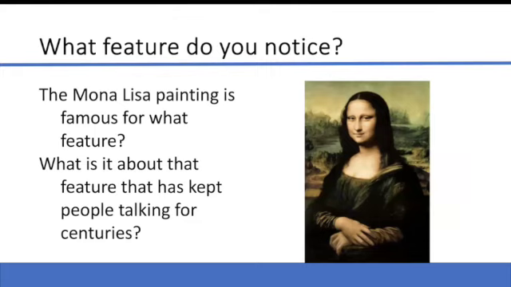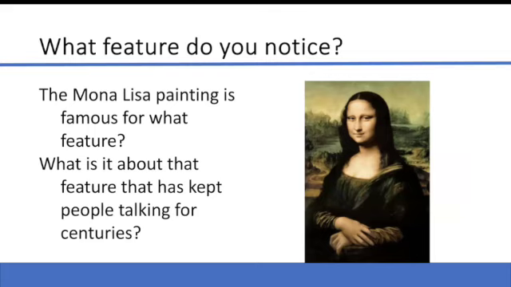Looking at this picture of the Mona Lisa, look at her facial expression and tell me what she's thinking. And if you think you know what she's thinking, then you must be smarter than all the people who have been trying to figure out for centuries, what is she thinking?